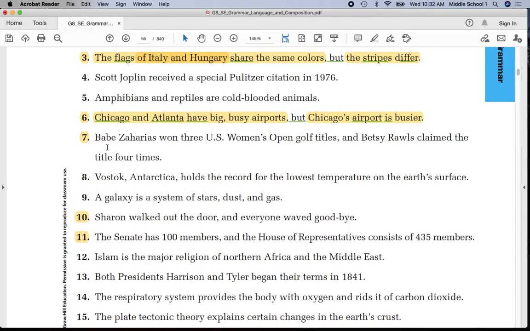Number 7. Like number 3 and number 6. Subject, Babe Zaharias. Simple subject. Simple predicate, won. Line between Babe Zaharias and won.